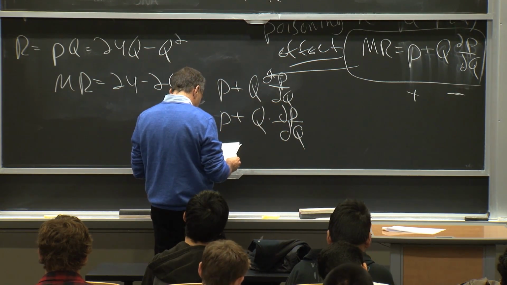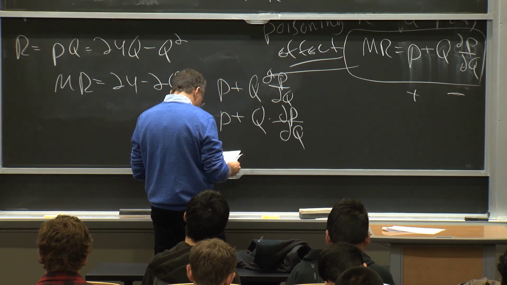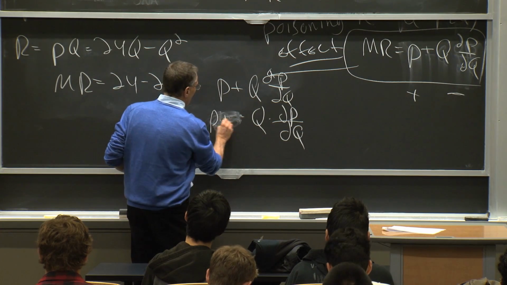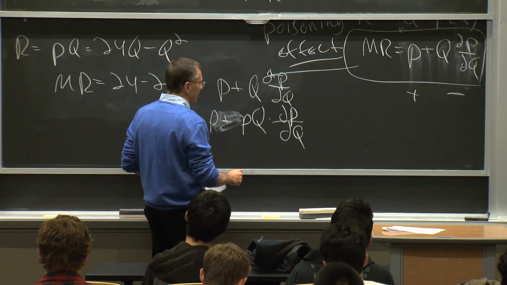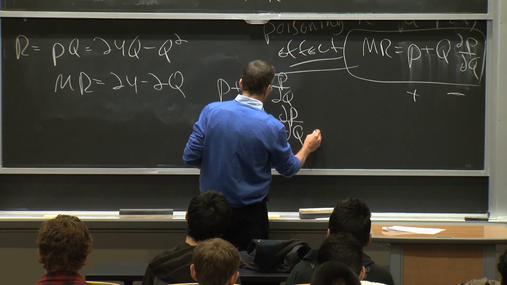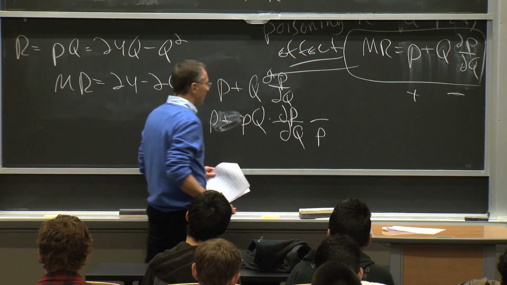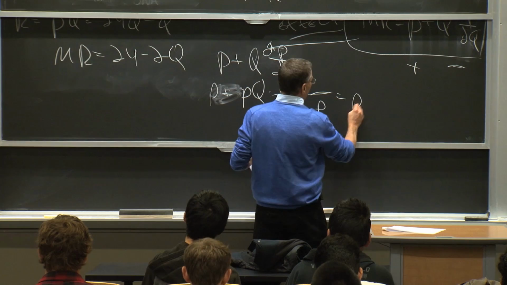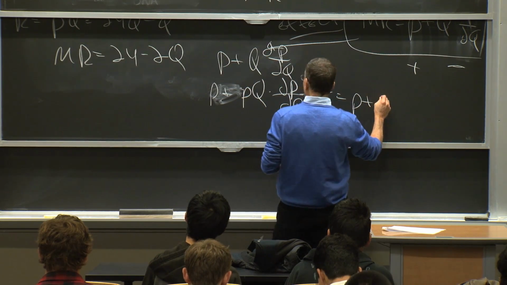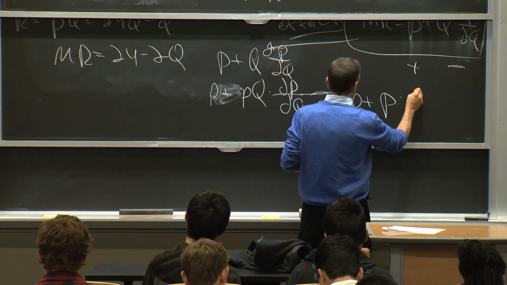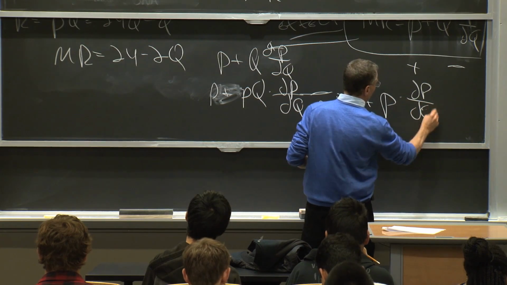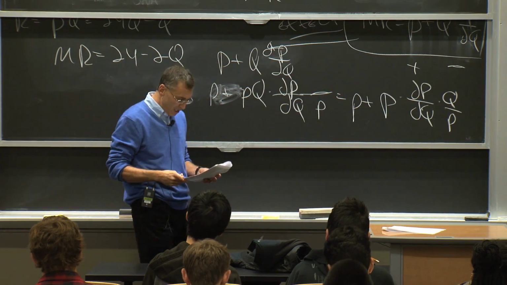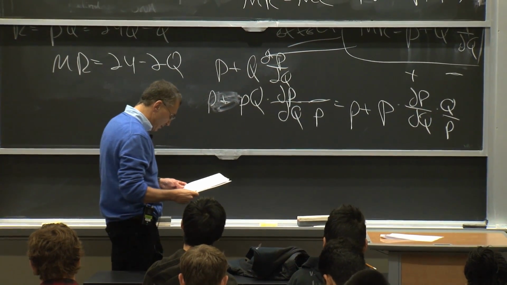If you multiply and divide the equation by P, you get P plus PQ times dP/dQ over P, which you can rewrite as P plus P times dP/dQ times Q over P.